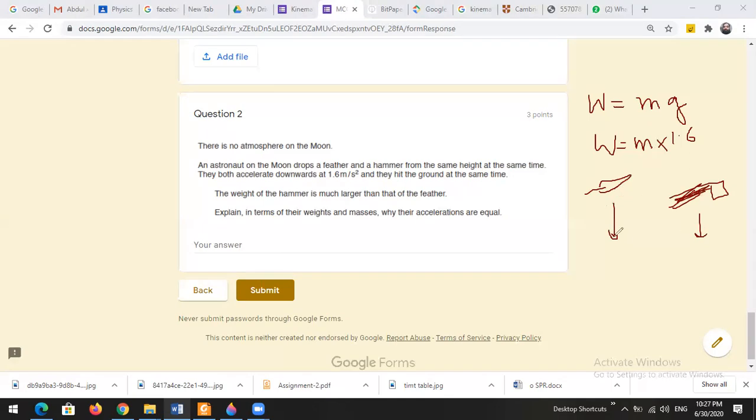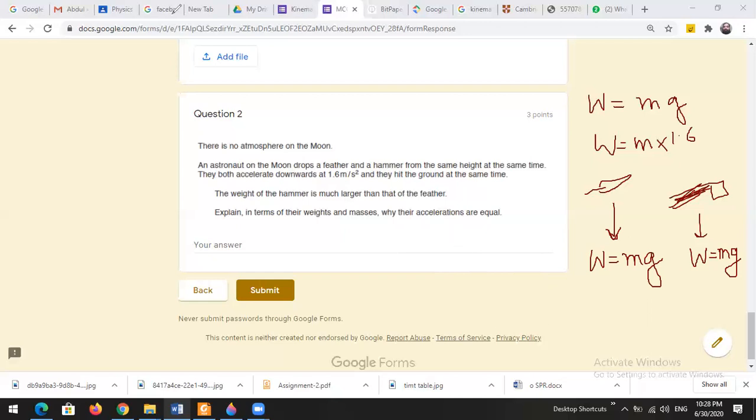So this feather will experience less force of gravity, whereas this hammer will experience a greater force of gravity, because W is equal to mg, as mass is lesser here and greater there. So you should have written that weight depends on mass.